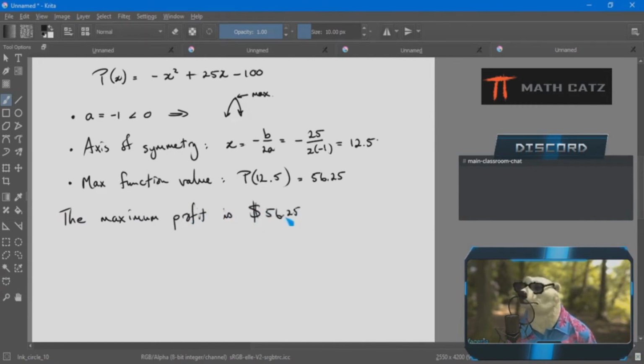Oh, who cares? 56.25 when we or they or whatever produce 12.5 bottles. Now, of course, you can decide, okay, 12 or 13. We're just doing the analysis, forgetting the practical aspect of it. Of course, you have to round these numbers because you can't sell half a bottle. Maybe you can, depends.